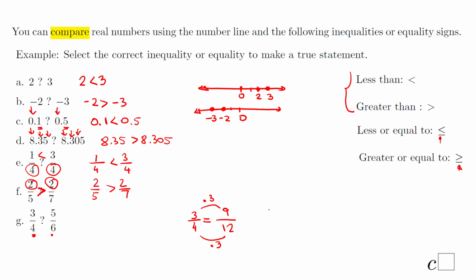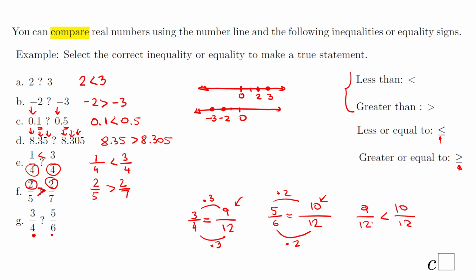Similarly, for 5/6, I'm going to find the equivalent fraction that has a denominator of 12, right? 6 times 2 is 12, and 5 times 2 is 10. So now I'm looking at 9/12 and 10/12. Obviously, 9/12 is less than 10/12.